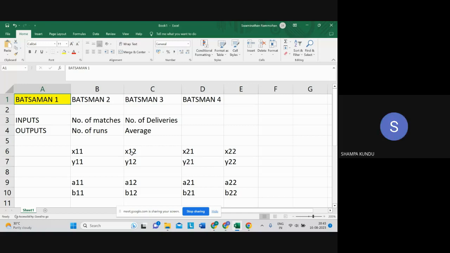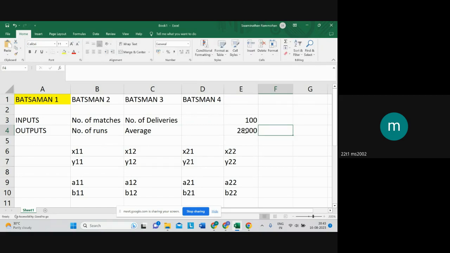It will appear as a numerical value. Actually, see, what is the number of matches? Batsman 1 could have played, let us say, 100 matches, and he might have scored, say, 2,800 runs.